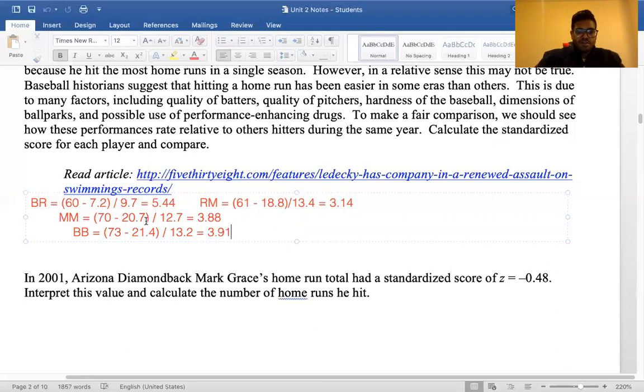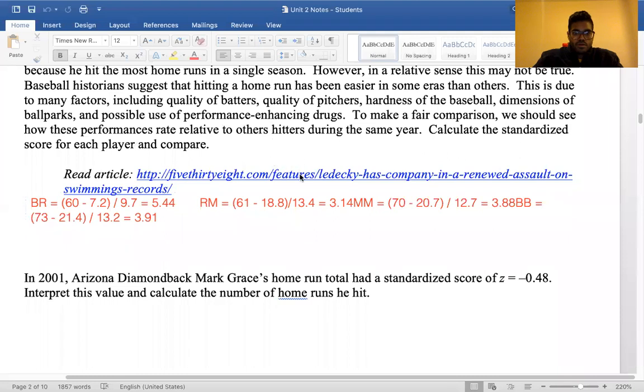Now, based on our definition of z-scores, we have a bunch of z-scores here. We're going to compare all these values: Babe Ruth, Roger Maris, Mark McGwire's 3.88, and Barry Bonds 3.91. Out of these, we're looking for the one furthest away from the mean. Again, z-scores are just a measure of distance. So in terms of distance, 5.44 is going to be the furthest.